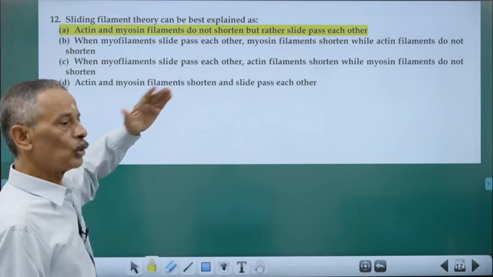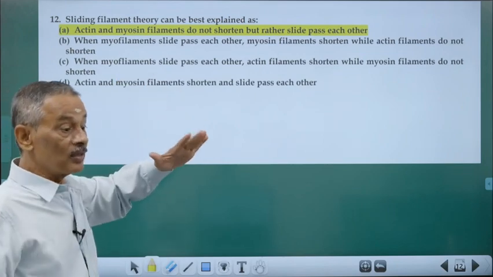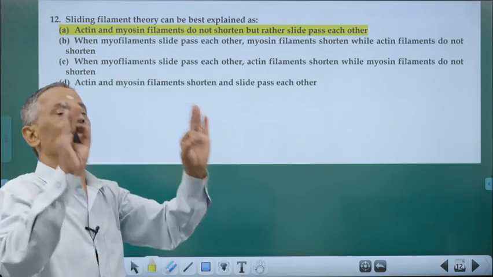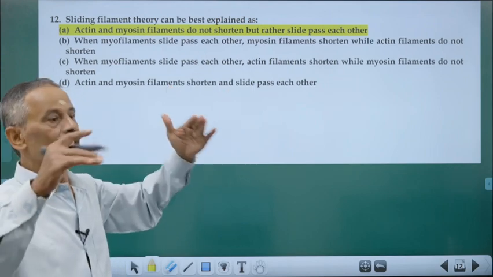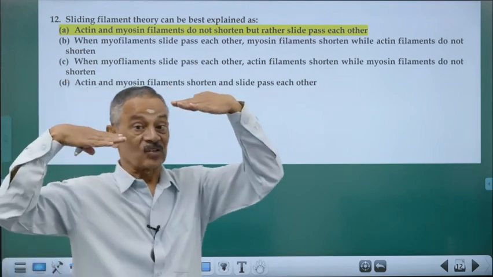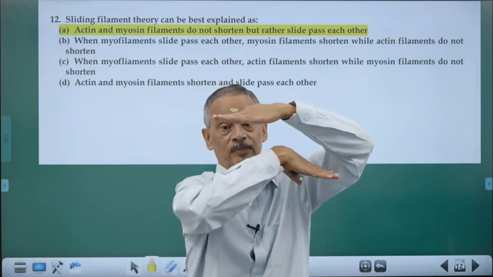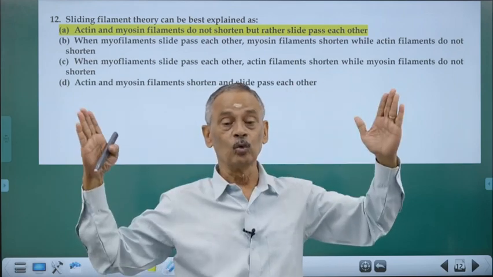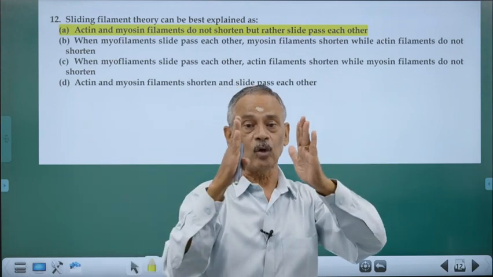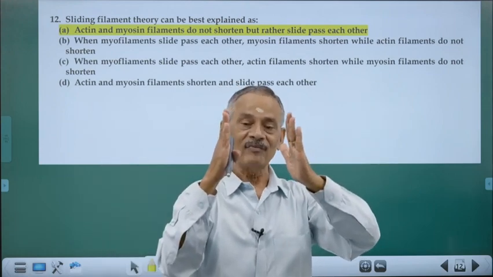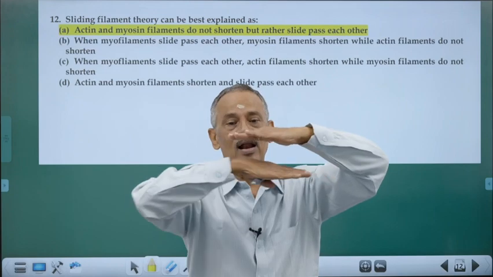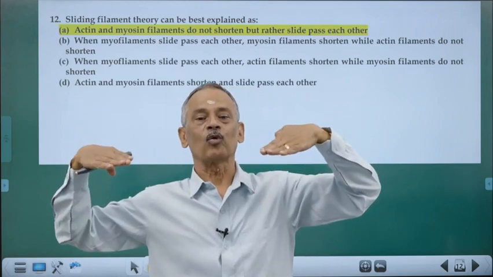According to them, during contraction of a muscle fiber, there is no shortening of any filament, but the thin filament is sliding in between the thick filaments. That is why the two Z lines are coming closer and closer. And after contraction, they all come back to their original position.